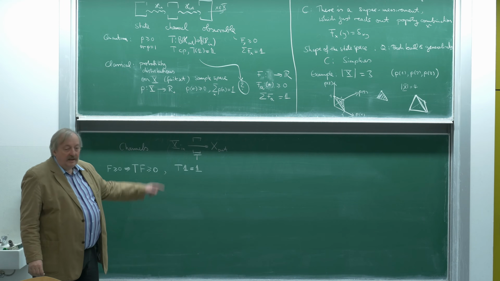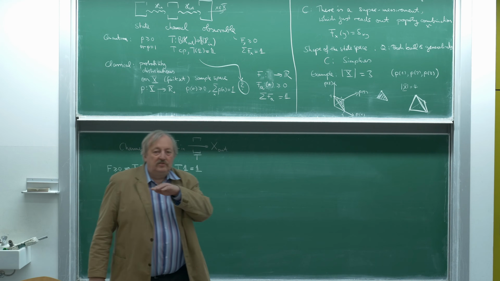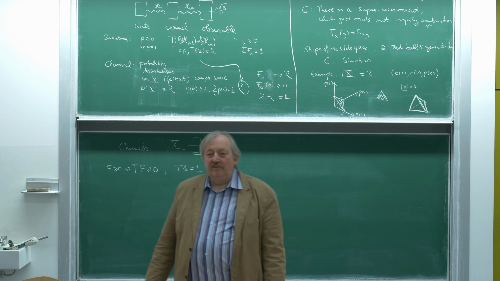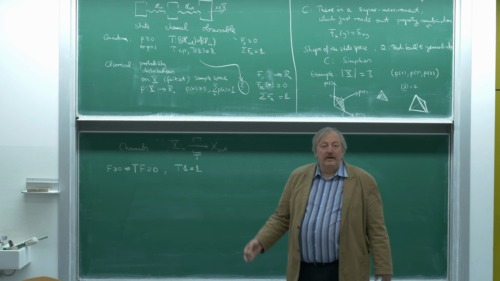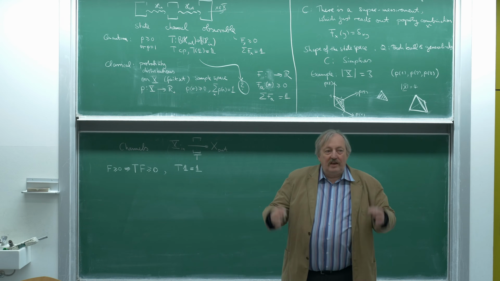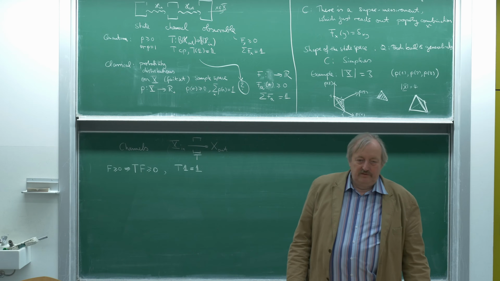The identity in the classical case, of course, is just the function that is constant 1. That's the thing that we use to normalize, and in terms of a measurement, it's the trivial measurement that just counts the number of experiments that we've done.